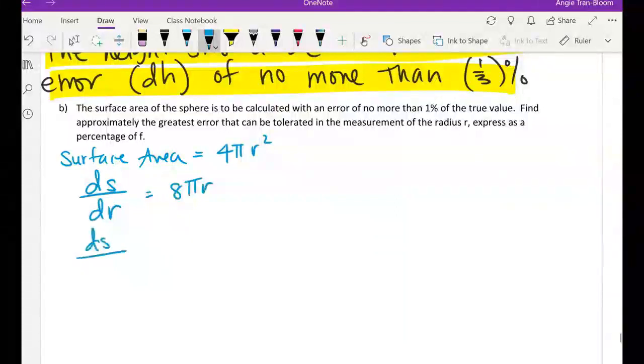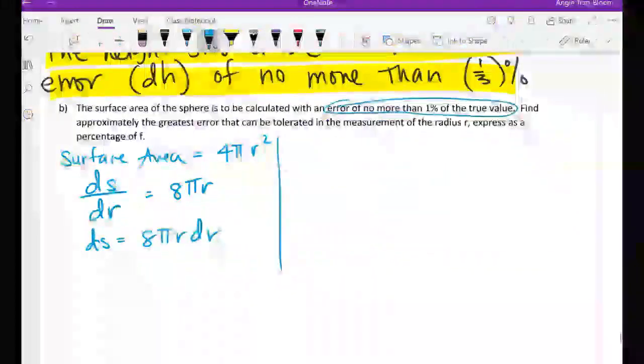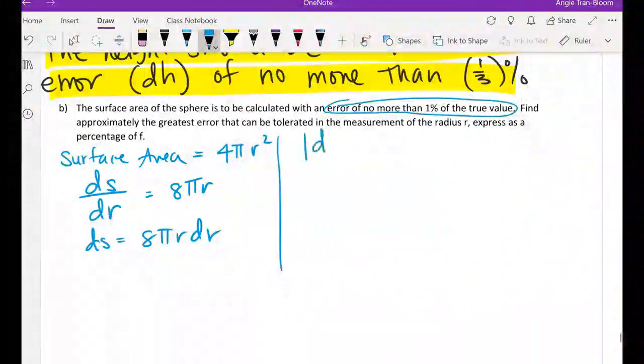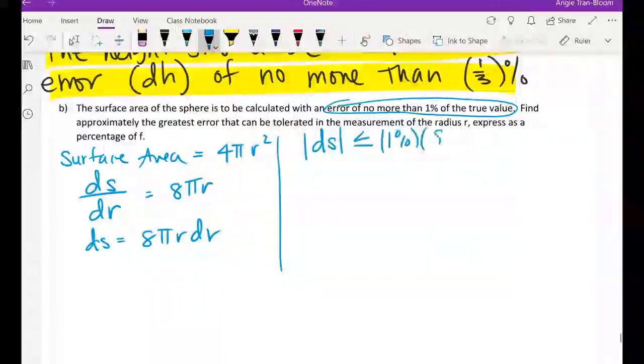Let's solve for ds. So ds equals 8 pi r dr. All right, let's leave it alone. Okay, so an error of no more than 1% of its true value. That means your change in surface area is no more than 1% of the surface area.